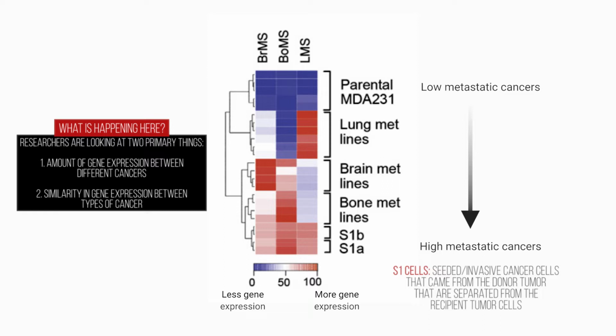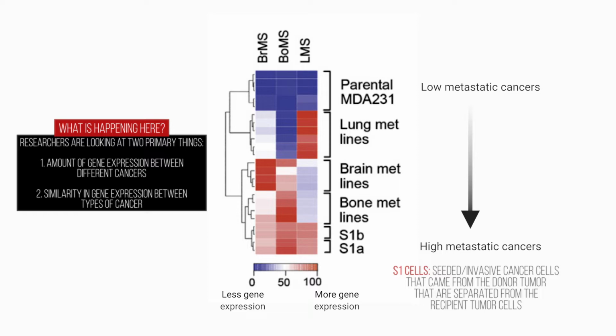So they've got these S1 cells, which are S1A and S1B, as well as parental MDA231 cells, which are also a cancer type, but they are low metastasis. So the S1 are presumably high levels of metastasis, and the parental cells are low levels of metastasis. And that's actually going to continue on for the rest of this paper. So keep that in mind. If you see parental, that means low metastasis level.